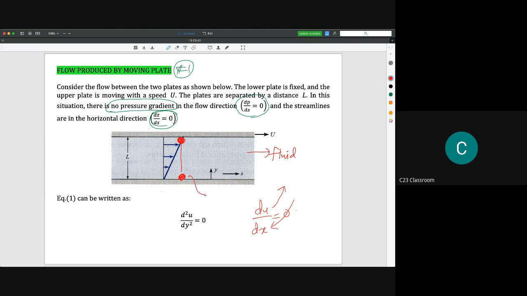Here we could write that if y is 0, it will produce u equal to 0. So this is the boundary condition at this point.